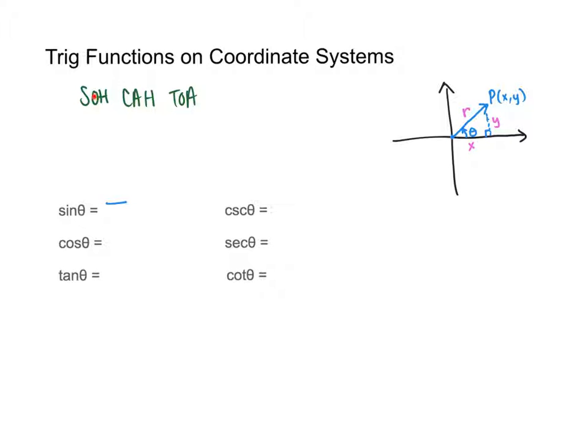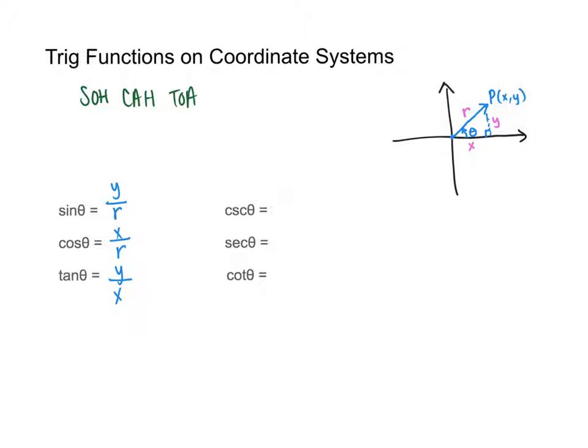Sine is opposite over hypotenuse, or in other words, y, which is the opposite, over the radius. So sine is always going to be y over r. Cosine is going to be adjacent over the hypotenuse, or x over r. And tangent is going to be the TOA, opposite over adjacent, so y over x.